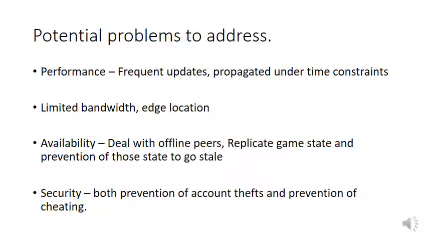The availability is we need to replicate the game state on the machine, or otherwise the game state goes stale and we don't have the correct values for those updates. And lastly, it's the security: we want that our players do not hack the network by feeding in bad data or by giving themselves some advantage over other players.